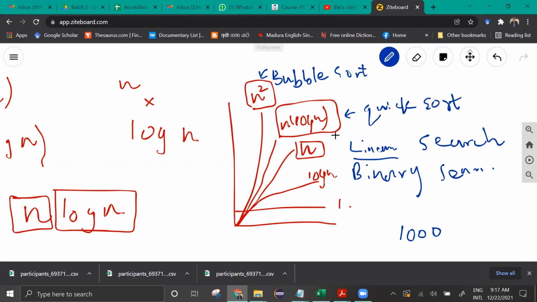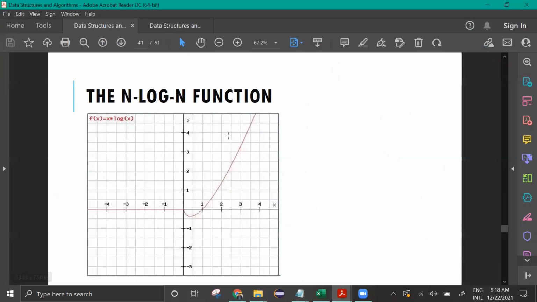Quick sort is n log n, so it is better than bubble sort. Right. So binary search is better than linear search because it is log n. Okay. So n log n, a combination of log and linear.